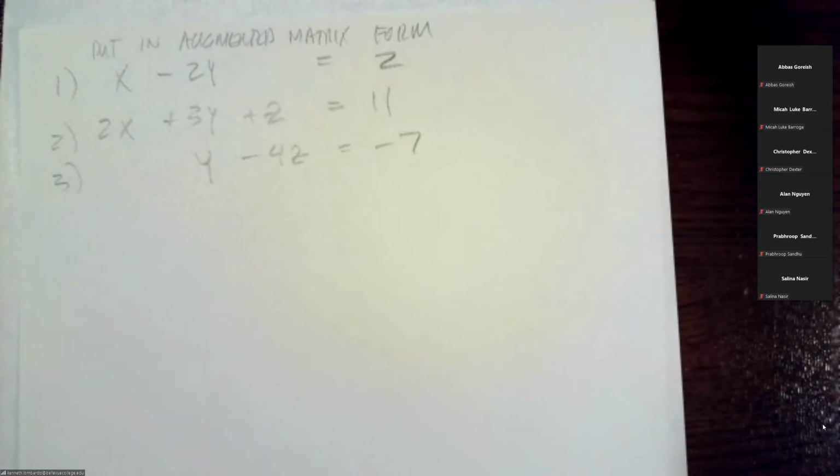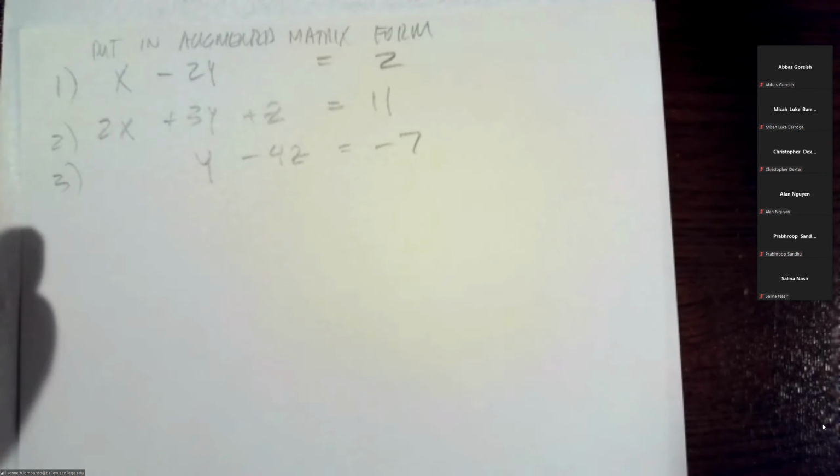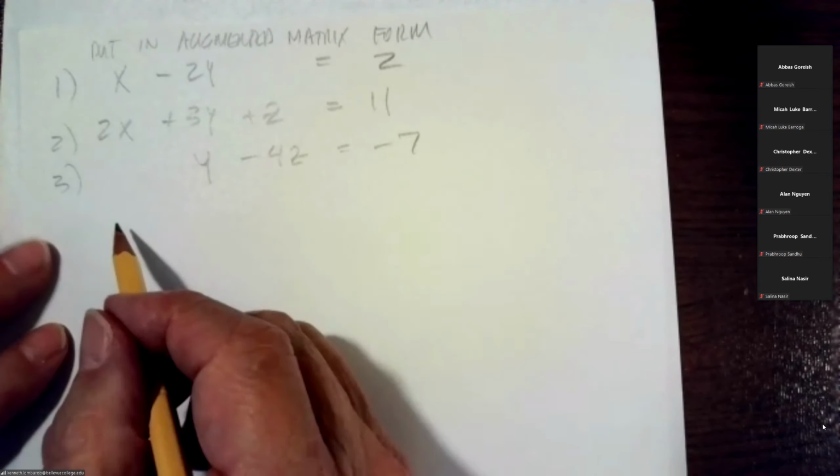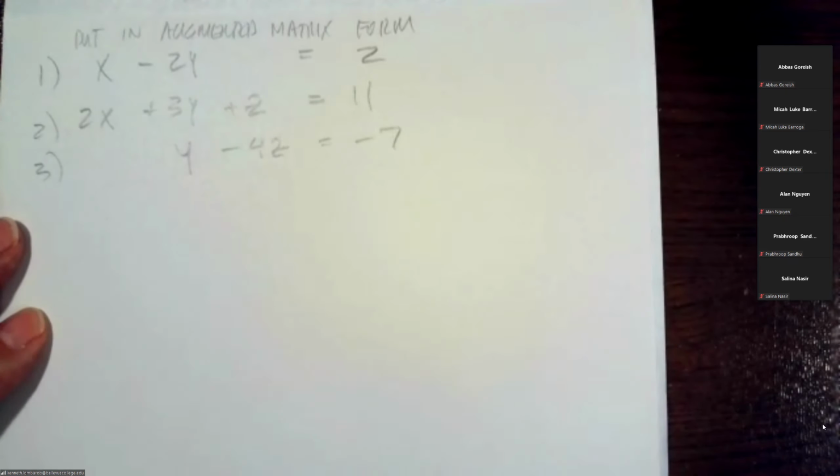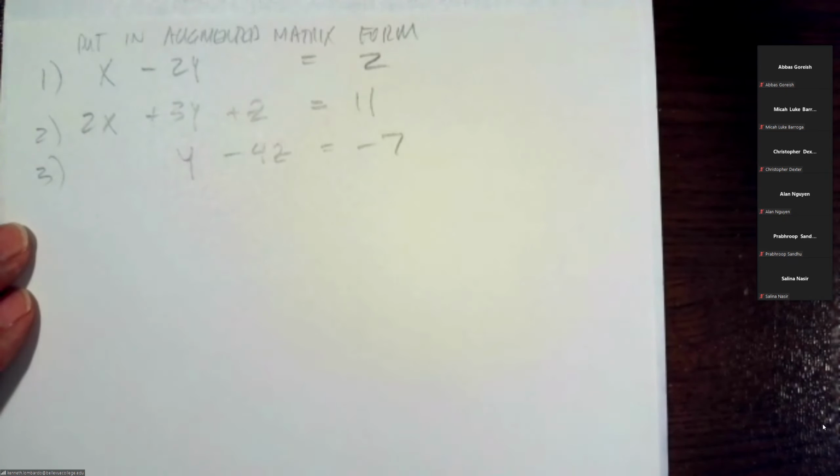Go ahead and do that, and then we'll continue. I don't think it'll take you too long to do that, but let's just see. And I can call on somebody to take us through that.